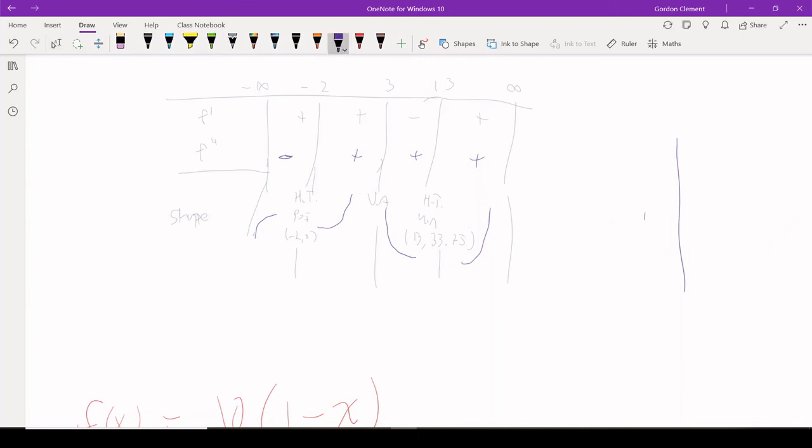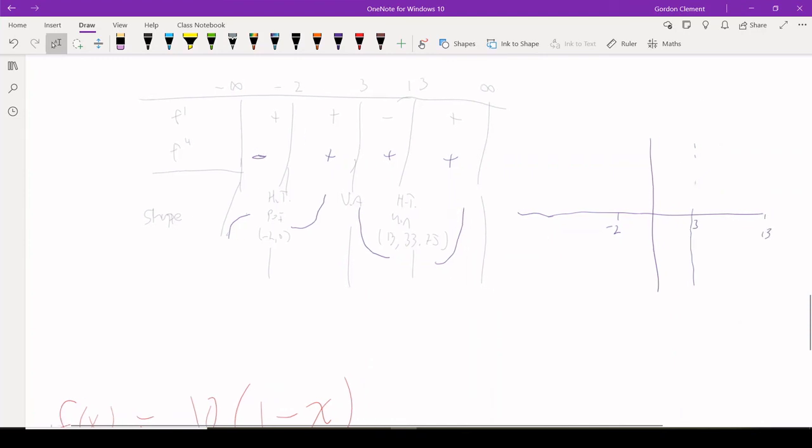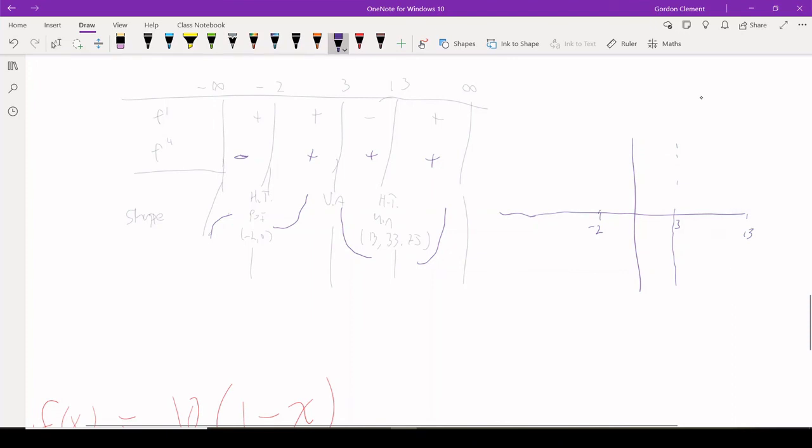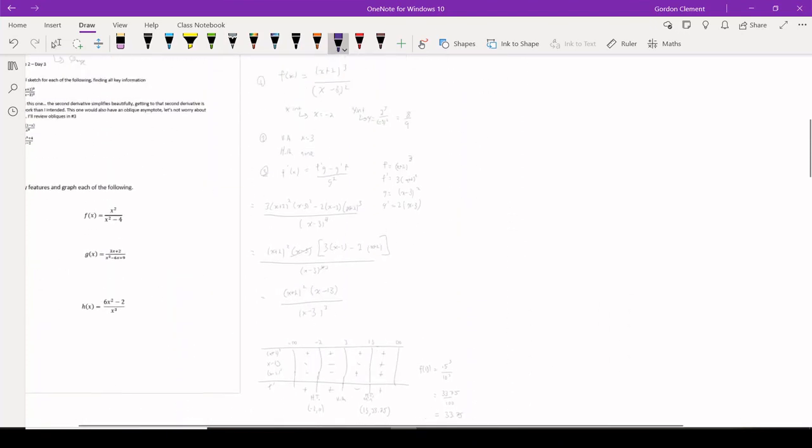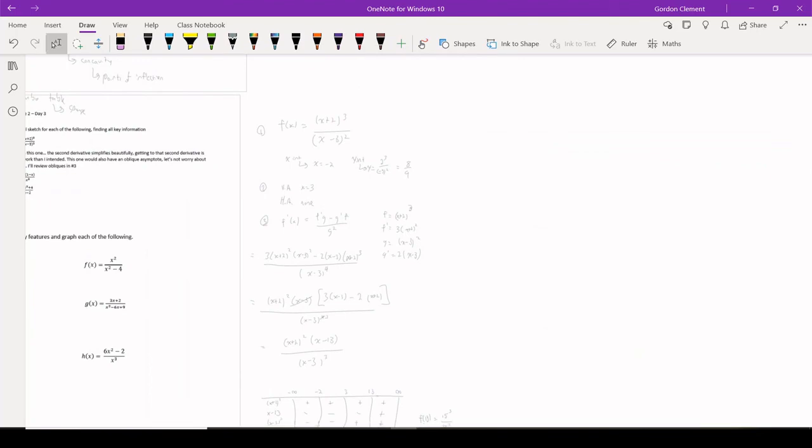I'm not going to be able to draw that fully to scale. We'll just do it like this. So -2, a bit further along, there's 3, and way over here somewhere is going to be 13. Those are our things. We're at the origin there. I think that was our only intercept. Oh no, the y-intercept was just below 1, 8/9.